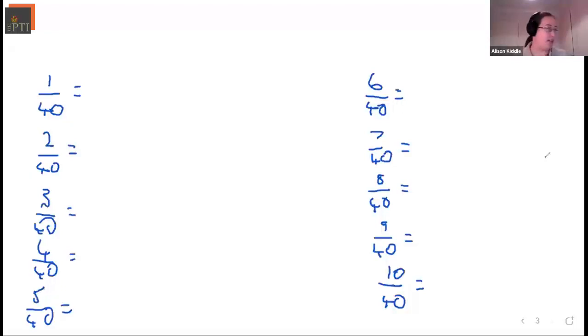So are there any of those fractions that you know straight away how to write as a decimal? If you can spot one, pop it in the chat. I think 10/40 is quite an easy one to do. I think 4/40 as well. Right, so Sarah's got 10/40 for us. It's a quarter, which is 0.25.